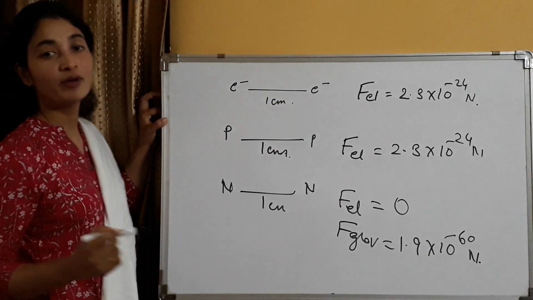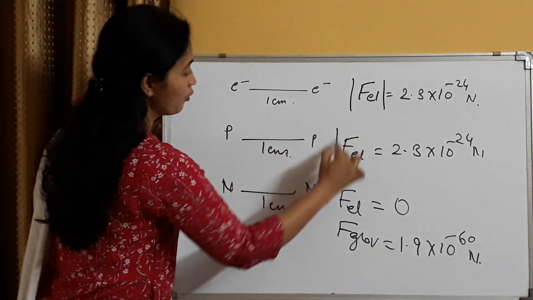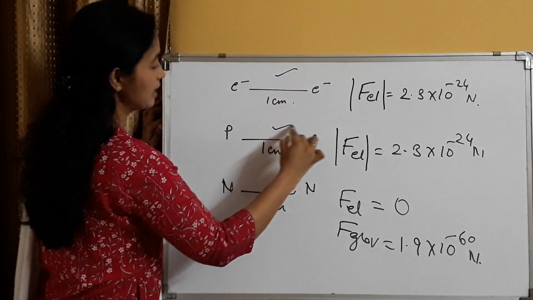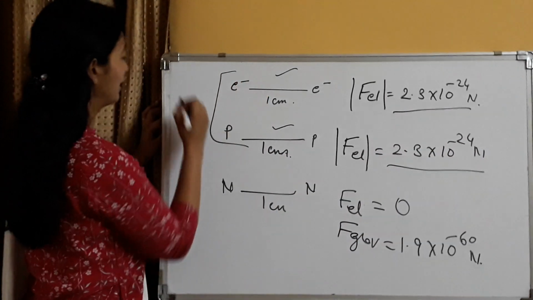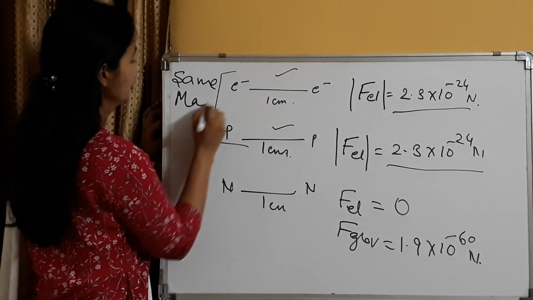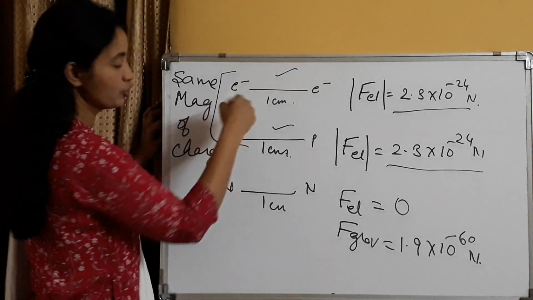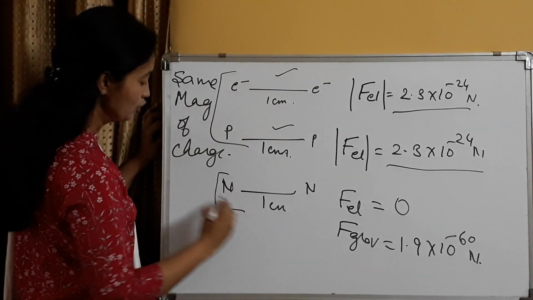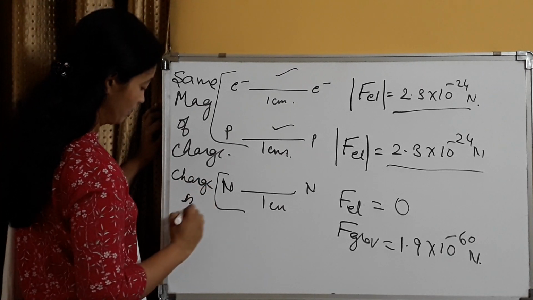This gives us a very important conclusion, that the magnitude of electrostatic force in the case of electrons and protons is exactly similar. That means we can conclude that the same magnitude of charge is on both electrons and protons, and on neutrons, that charge is 0.